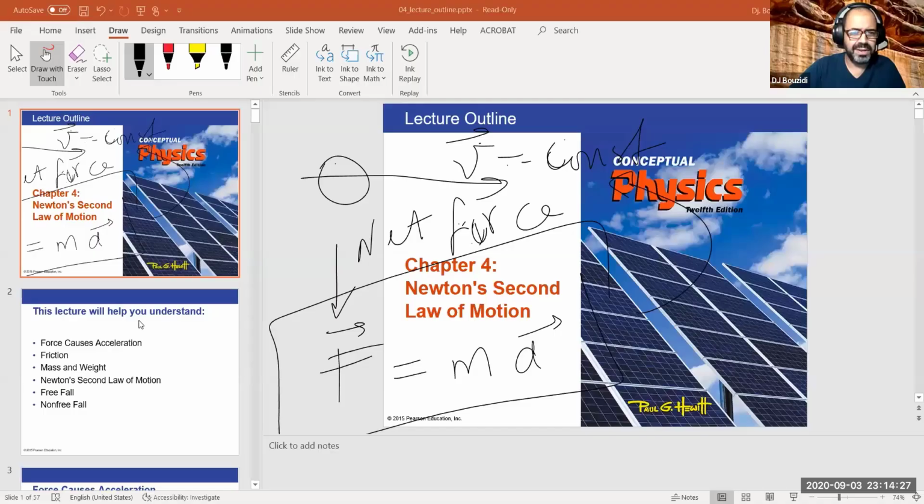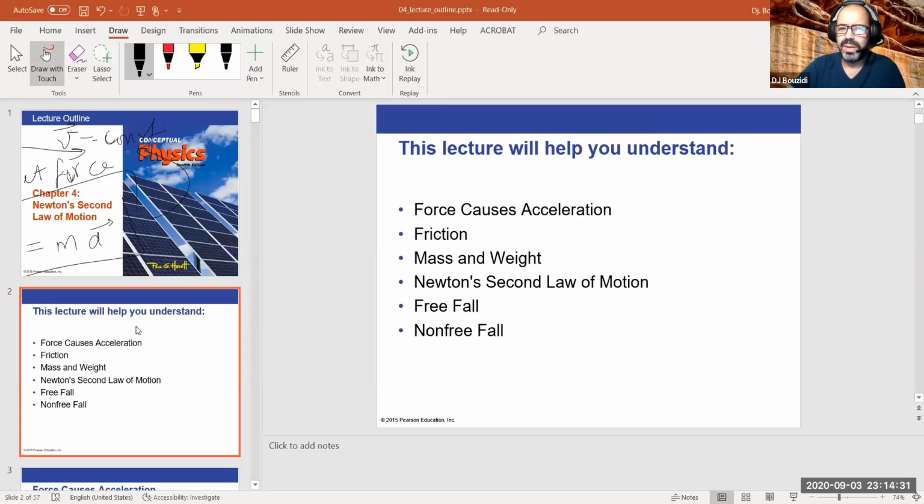If you're willing to move on, let's get into the topics we'll be covering in this chapter. This chapter will talk about, again, forces cause acceleration. That is exactly what we've been saying. F equals ma. There is a cause and effect, causality, in this case. One comes after the other, and one is an indicator of the other.